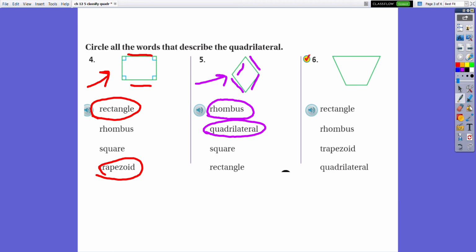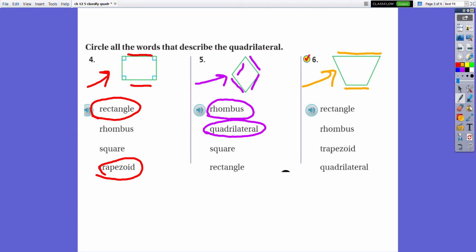Now look at number 6. Okay, look at number 6 here. Now, is this shape a rectangle? Well, what does rectangle mean? Two pairs of opposite sides that are parallel. Now, this is the first pair that are parallel, but there is no other pair that are parallel, so this is not a rectangle.